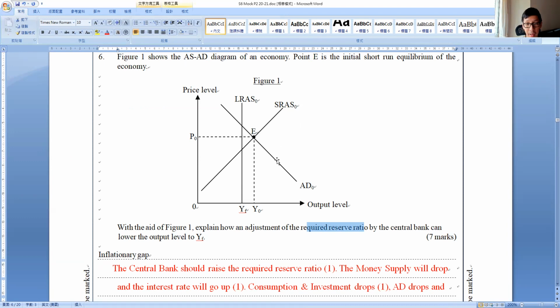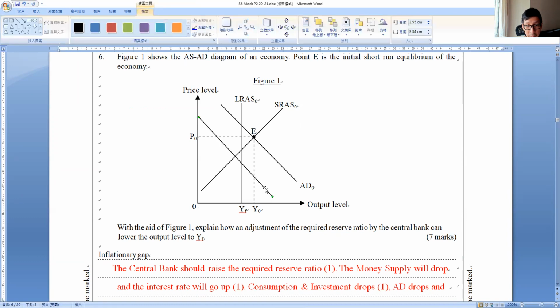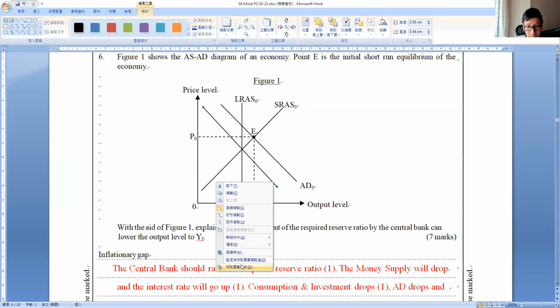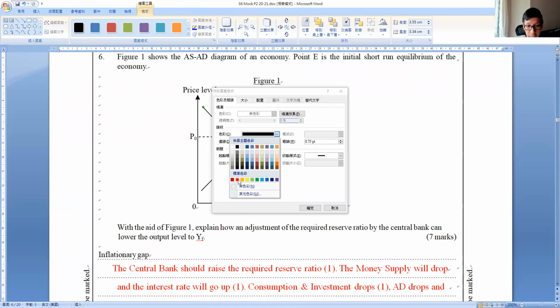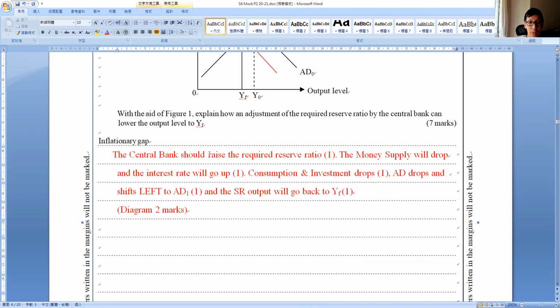Obviously, if you remember, 係咪？呢度加唔到啦。Now, if you remember, right, our required reserve ratio, it should lower AD, 係咪？應該係整條 AD 會跌咗啦。It should shift to here, to the red one. Okay, here. It should shift to this red one, 係嘛 into AD1, 係嘛 How should raise the required reserve ratio, 係咪要 RRR 要升 Why?